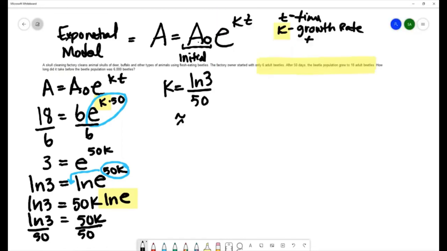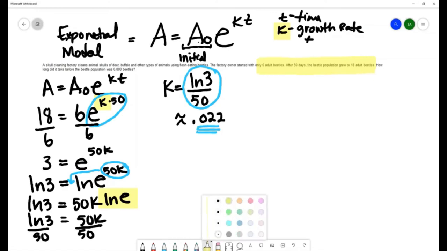That's approximately 0.022, but you never want to round until the very end. And so I'm going to use this in my calculation rather than this value. All right, once I have the growth rate, then I'm going to be able to answer the second part of this question. How long did it take before the beetle population was 6,000 beetles?